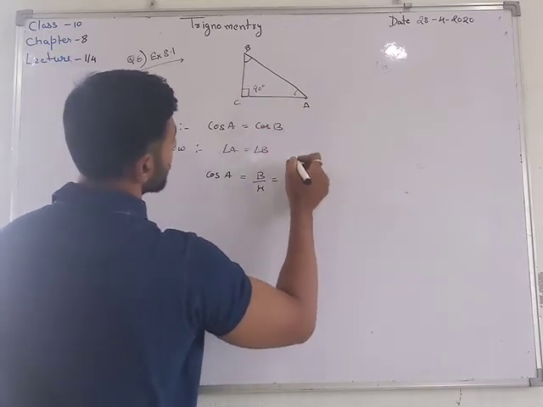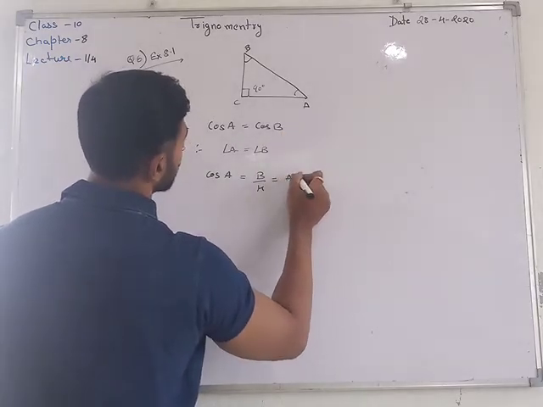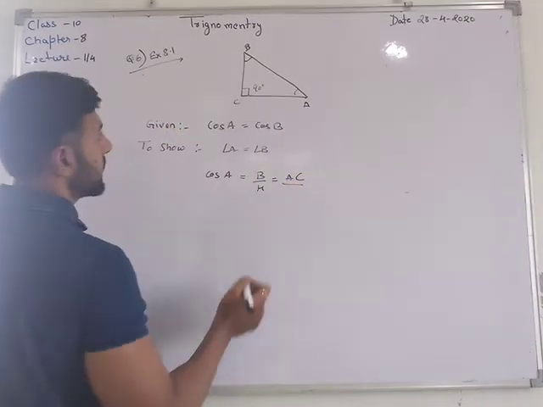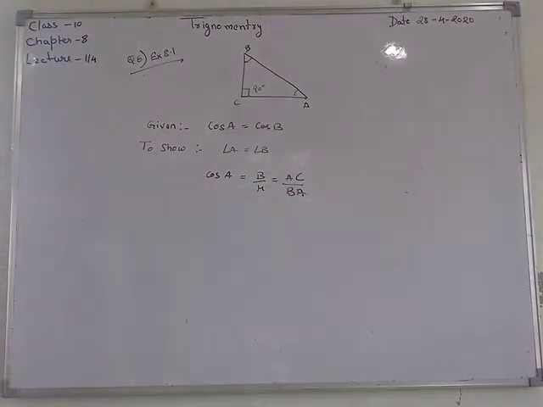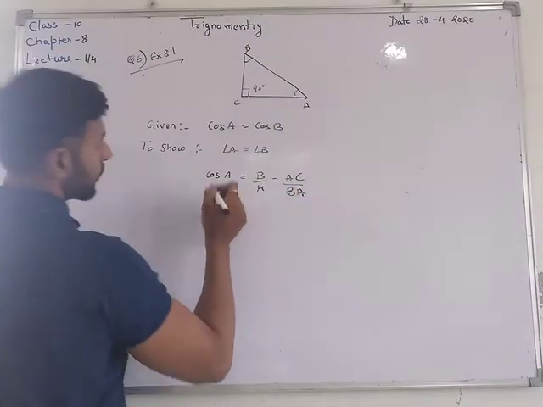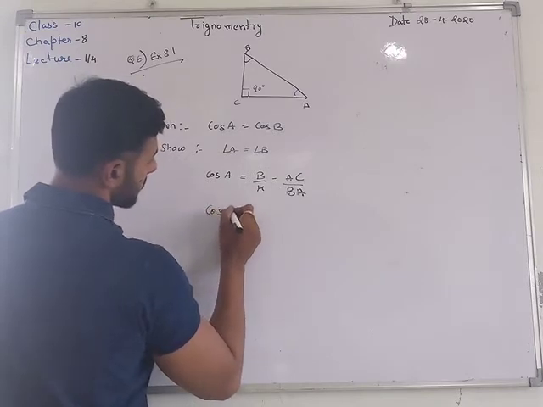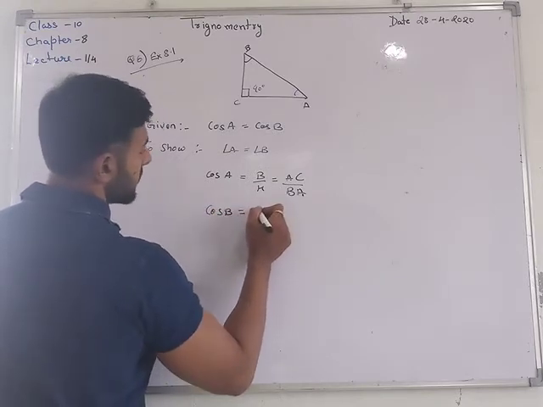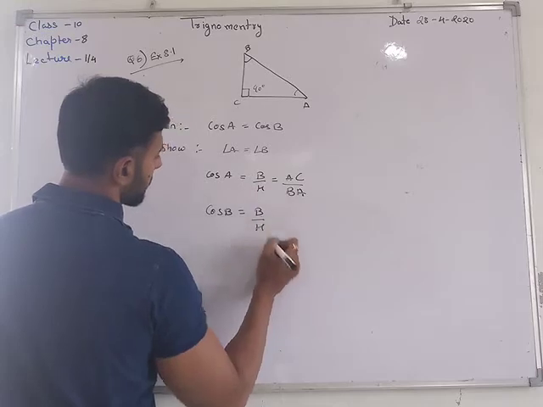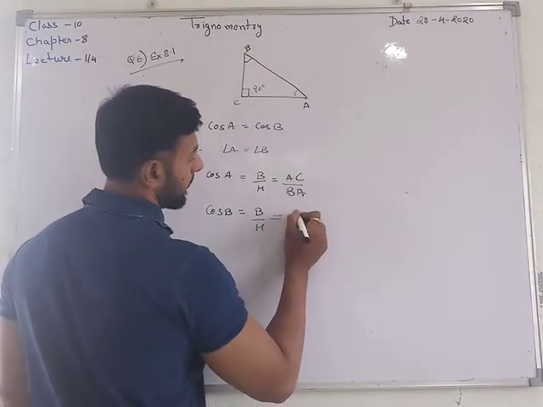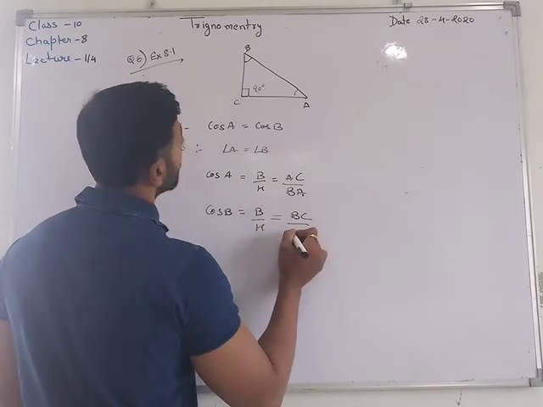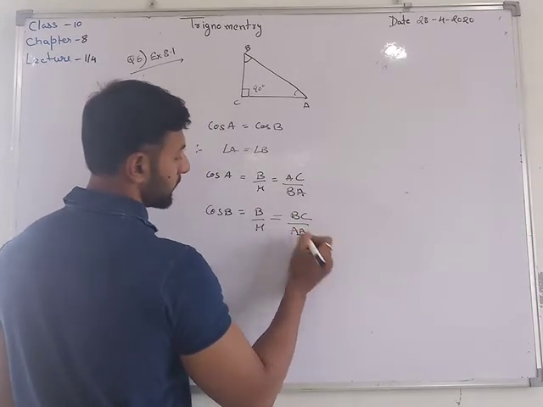Base is AC upon hypotenuse, which will be BA. Now taking cos B. Cos B is base upon hypotenuse. Base will be BC upon hypotenuse, which will be AB.